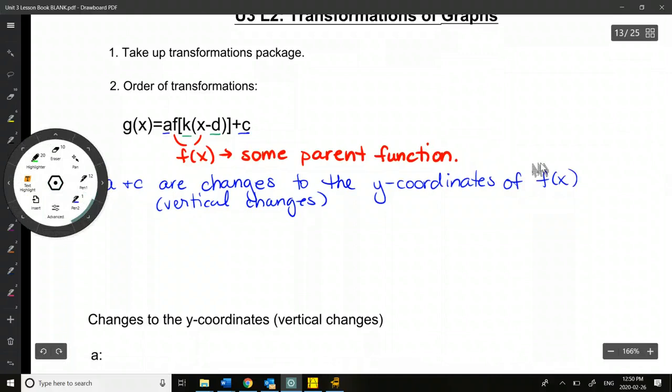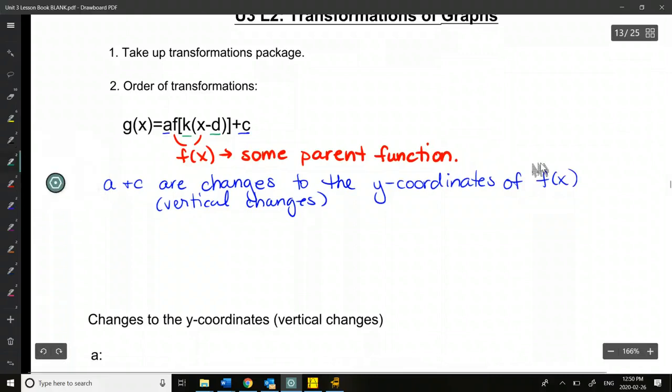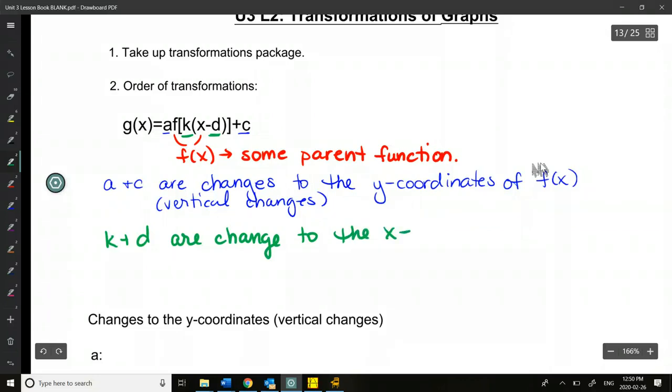And then we talked about how K and D were changes to the x coordinates of our parent function, whatever that is, so they are horizontal changes.